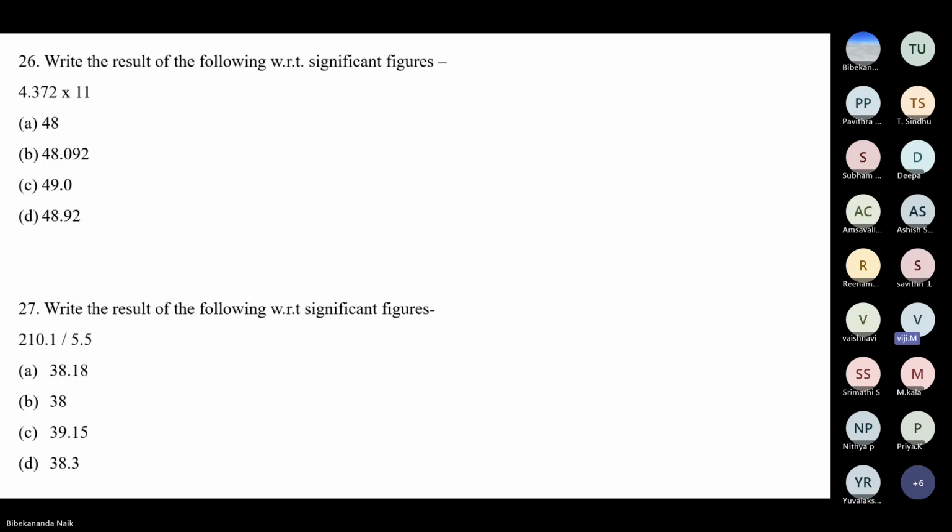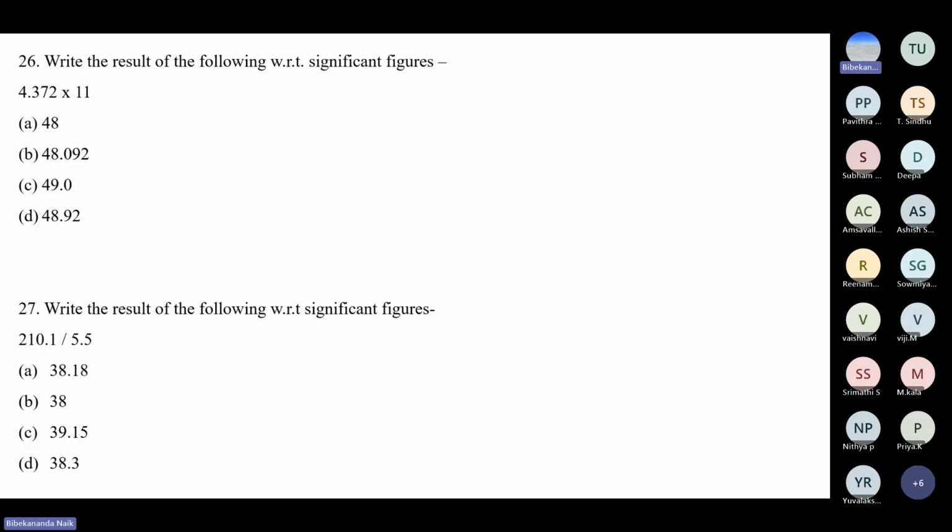Option B, sir. 48.092 you are saying. Sir, please, option A. Yes, it will be option A, 48.